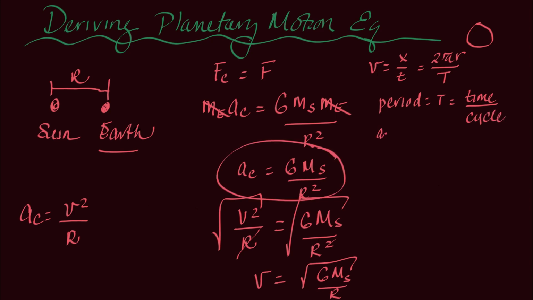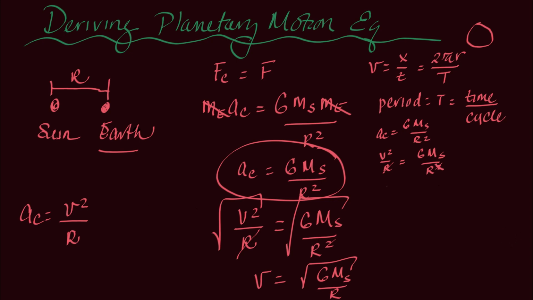I'm going to start with AC is equal to G Ms over r squared. AC we stated was v squared over r, which is equal to big G Ms over r squared. One of the r's cancel out in the denominator.